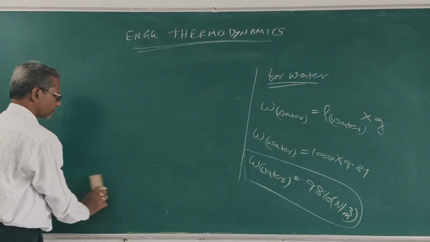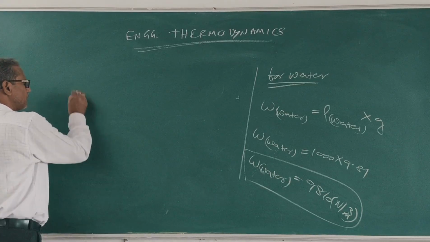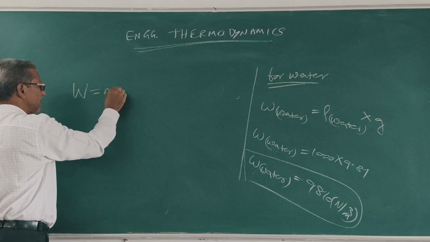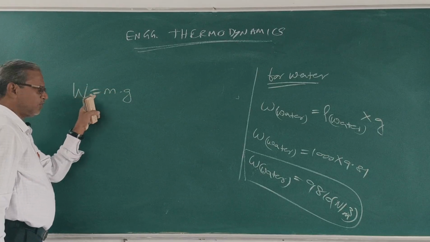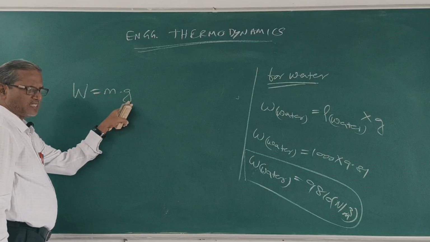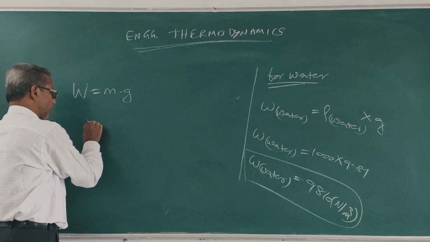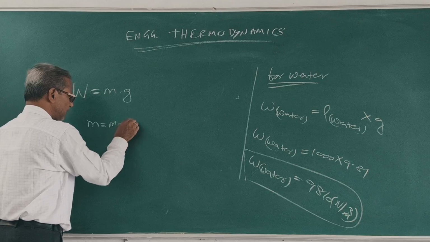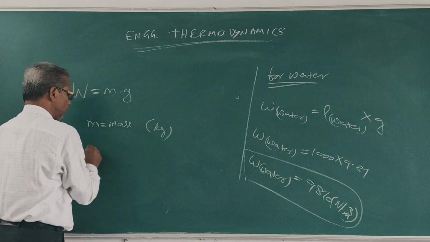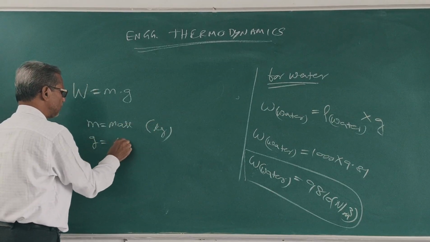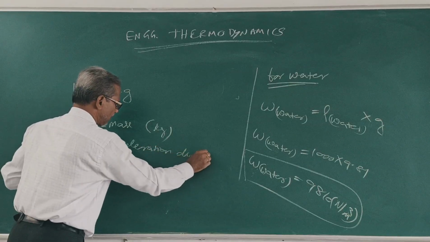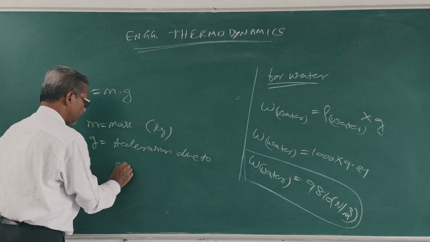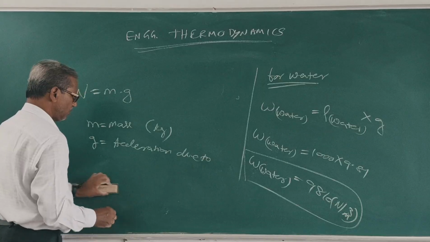Again, W is equal to m into g. Your weight W, mass m, acceleration due to gravity g. What is m? Mass in kg. What is g? Acceleration due to gravity.